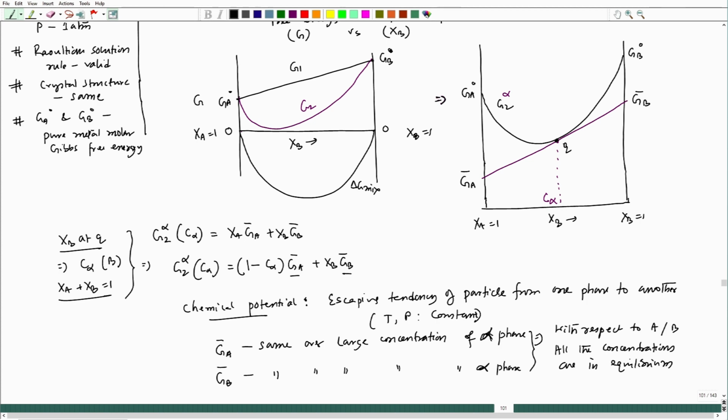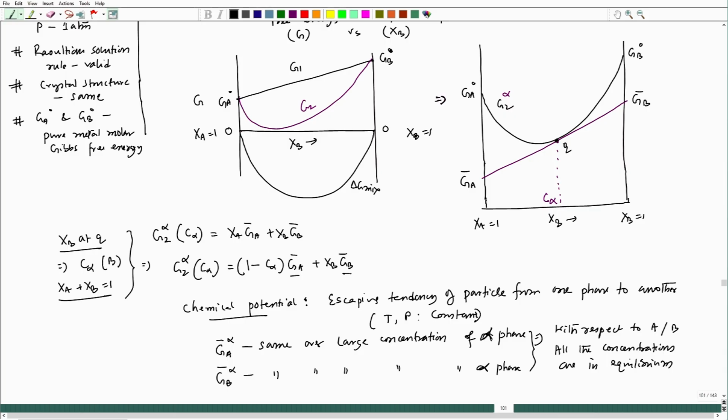The chemical potential, or partial molar quantity, is nothing but the partial molar Gibbs free energy of a component in a solution. So I will put a superscript alpha on each, since we are considering the alpha phase.